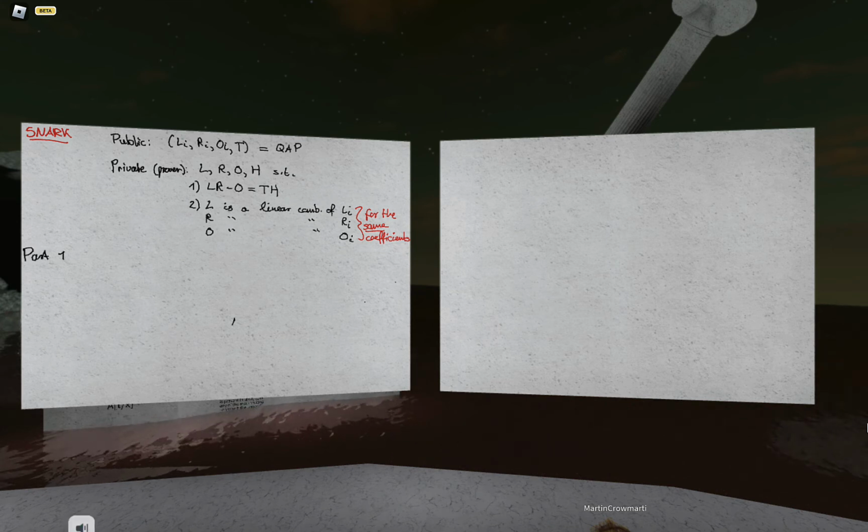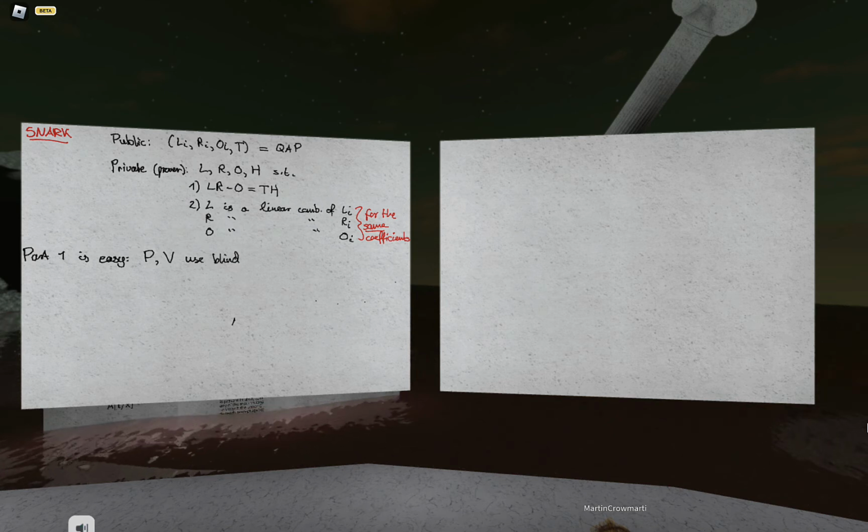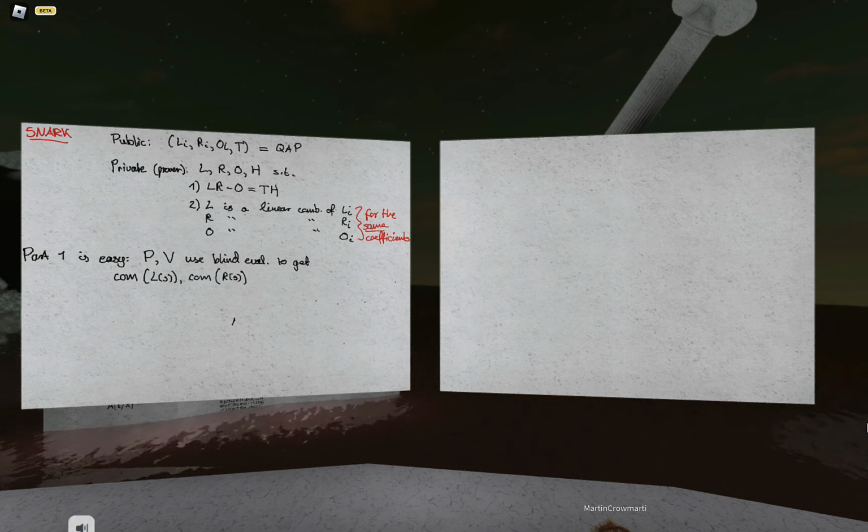What do we do? The prover P and the verifier V use blind evaluation to get commitments com L of S, com R of S, com O of S, and com H of S, where S is secret and chosen by the verifier.